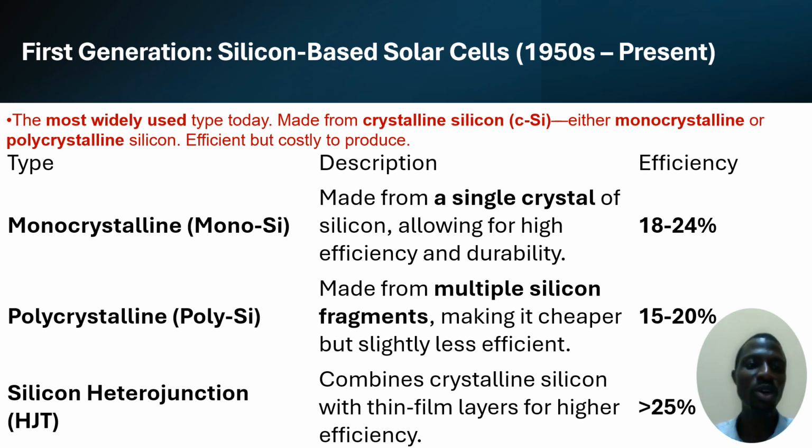Whereas heterojunction silicon solar cell combines crystalline silicon with thin film layers for higher efficiency, and efficiency greater than 25% has been achieved with this technology, but the main material still remains silicon. This type of silicon solar cell belongs to the first generation.